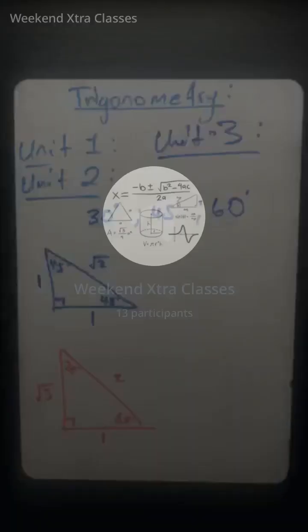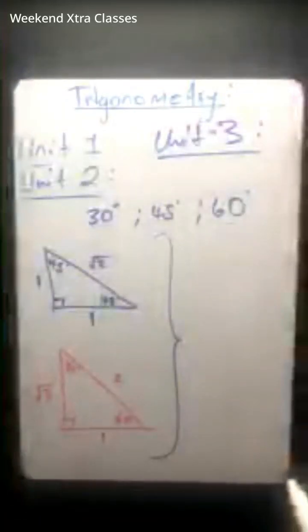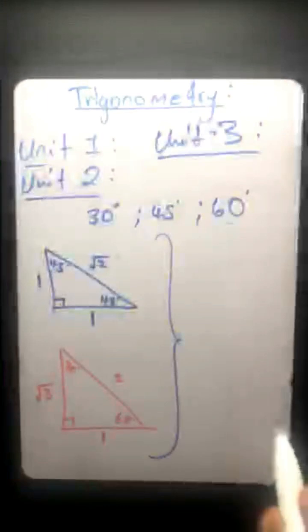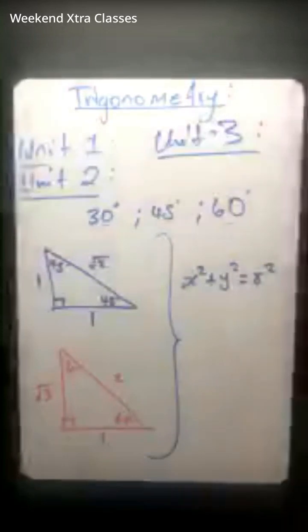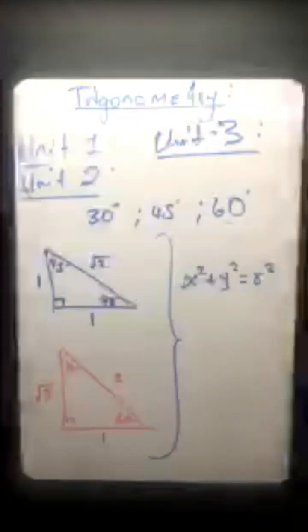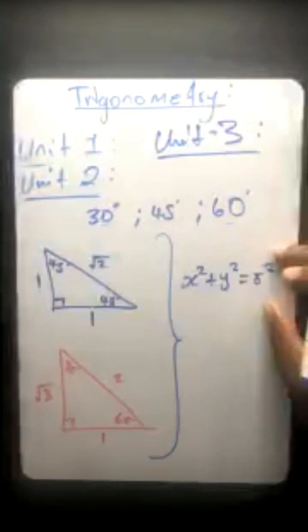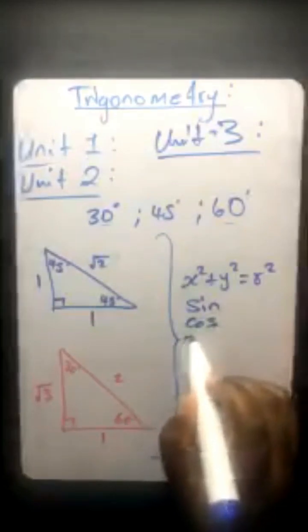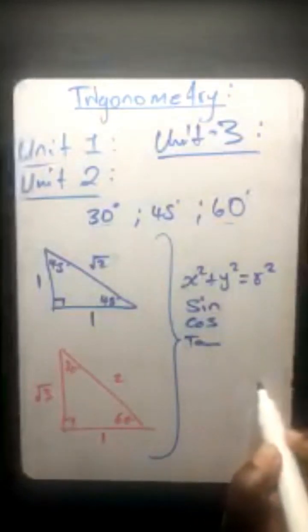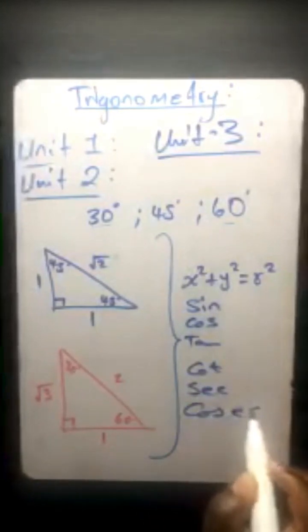So I think just to summarize all that I've explained, as far as a right-angled triangle is concerned, you also need to remember this formula, which is the theorem of Pythagoras. So in summary, this is what I'm going to be using in most cases: the theorem of Pythagoras, trigonometric ratios being the sine, cos, tan, and also the reciprocals, which could be cot, sec, and then cosec.